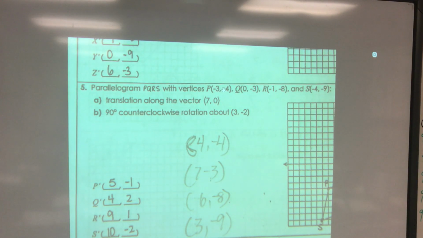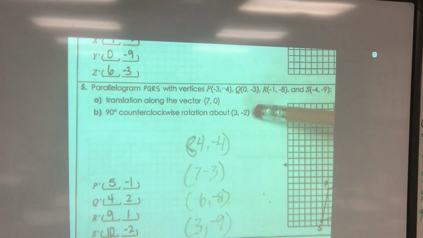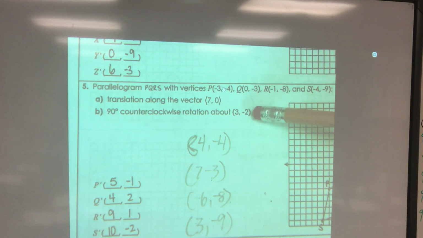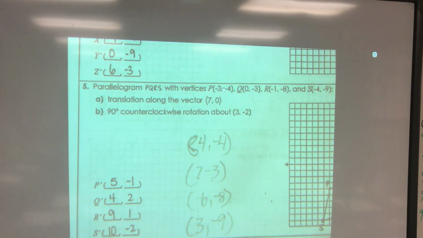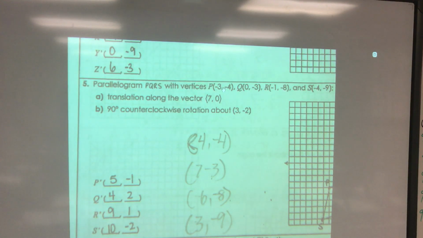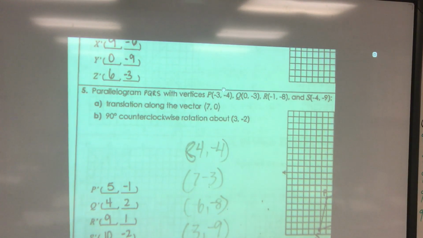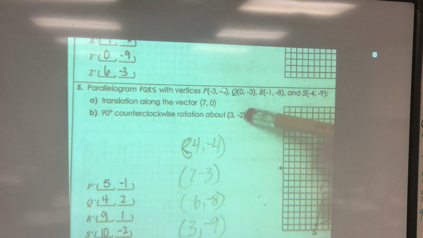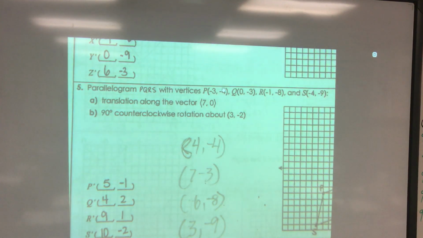So now they want us to move it 90 degrees counterclockwise about the rotation of 3 and -2. If you remember back to what we did in 4, we first had to make a vector between this point and this point.